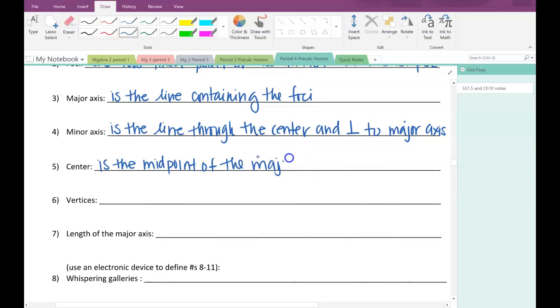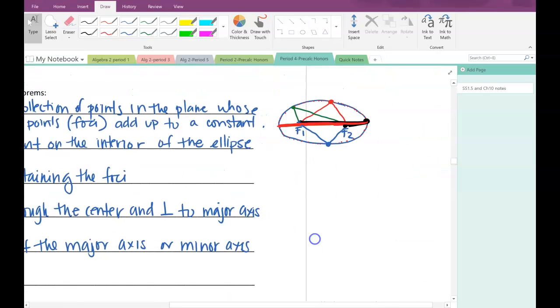Okay, so the minor axis, if we use the same picture, goes through the center and is perpendicular to the major axis. So here's the center right there, okay?